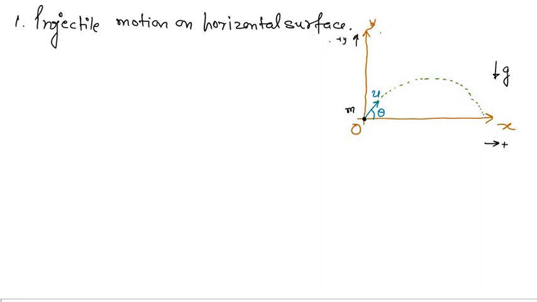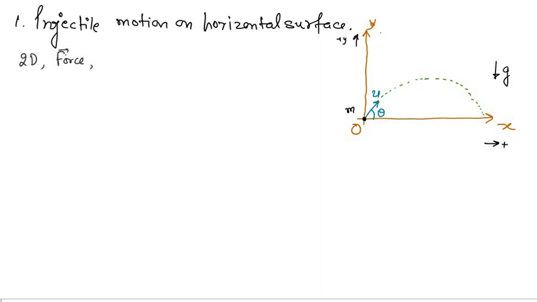Now let us write the equations of this motion. Let's first start with acceleration. One thing I wish to tell you all is that this is a two-dimensional motion under a constant force, so you can split the two dimensions into two different directions.